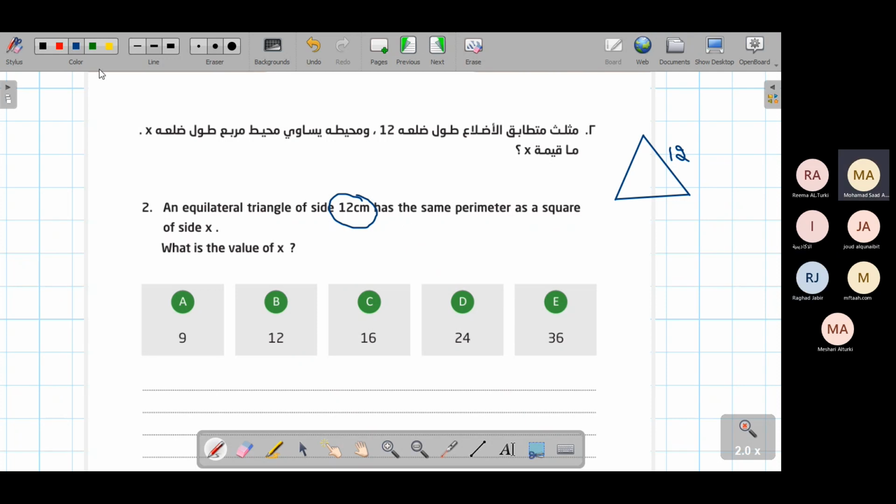What does square mean? What is the definition of a square? Its properties, for example: 4 equal sides plus 4 right angles.